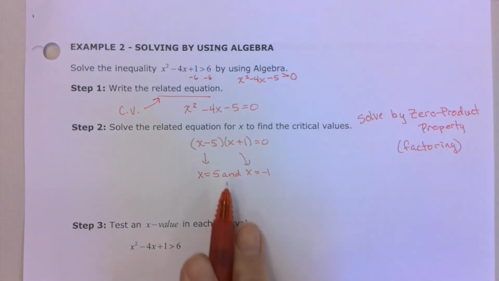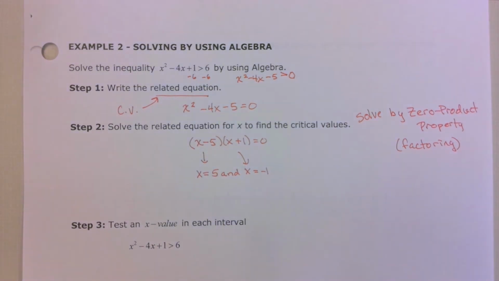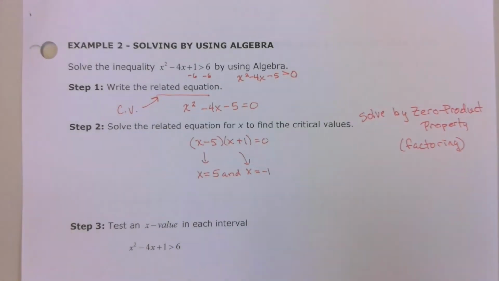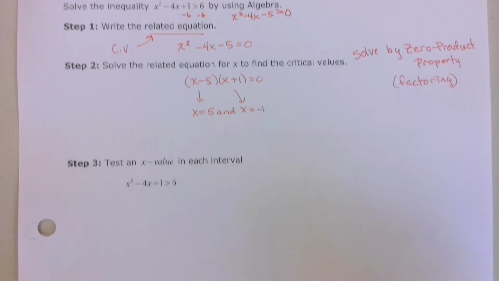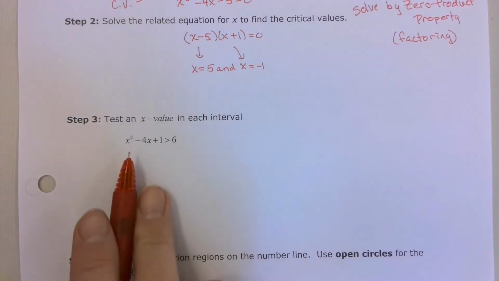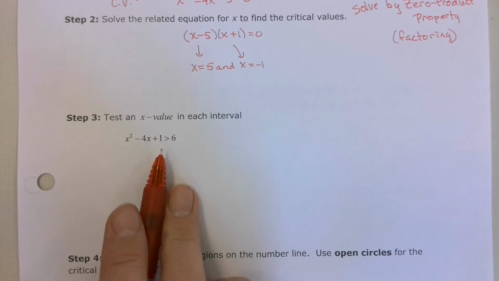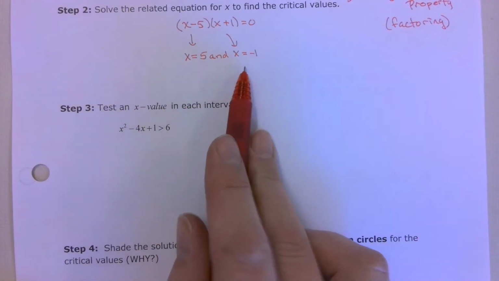Now, these are the answers to the quadratic equation. They are not the answers to the quadratic inequality. All right, so how do we find these answers? I'm going to slide my paper up here. We have our quadratic inequality rewritten here, and we want to find the x value in each interval. So the intervals are split by this 5 and negative 1.